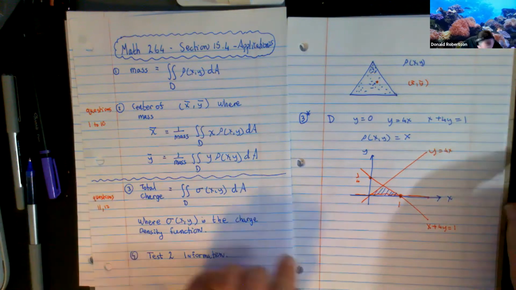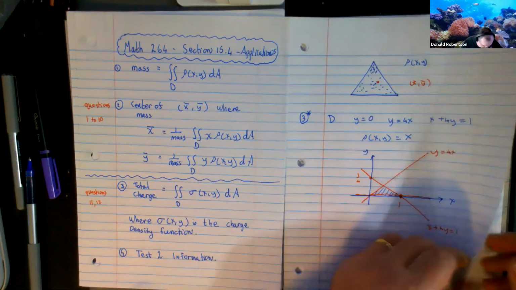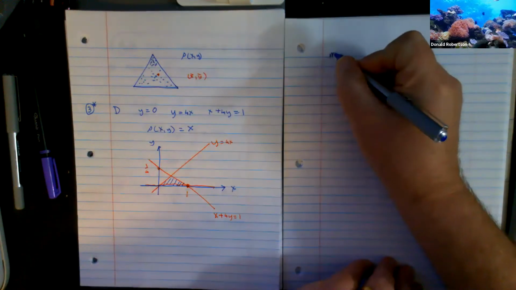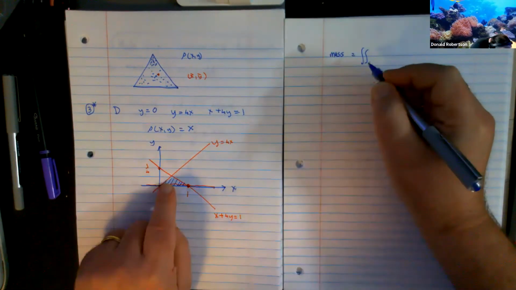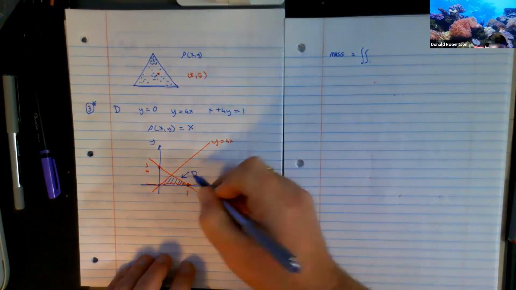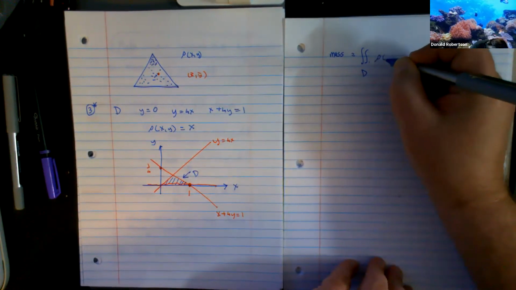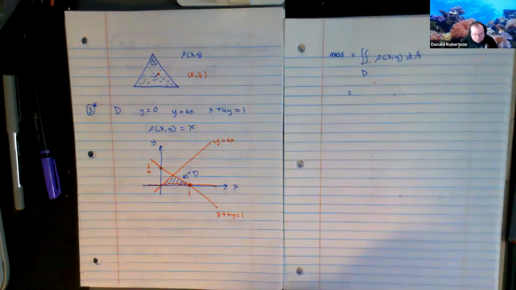Now, I'm going to calculate the mass in a few moments. And the mass is just a double integral over this region D of our density function. Now we have to make some decisions.